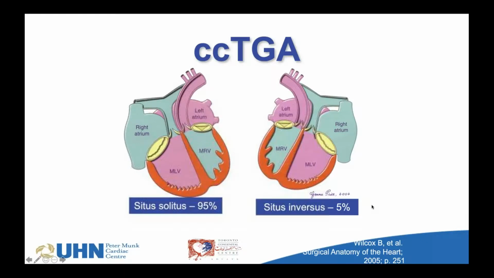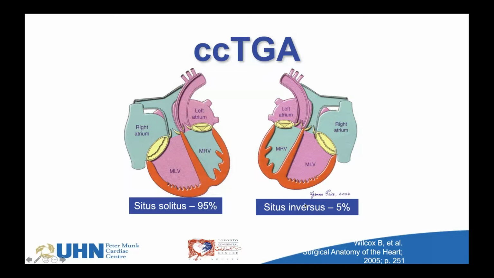This patient has D-position of the great arteries, and that's the problem. You only have L-transposition or L-loop in 95% of patients with a situs solitus and CCTGA, but 5% of patients with CCTGA have a situs inversus.